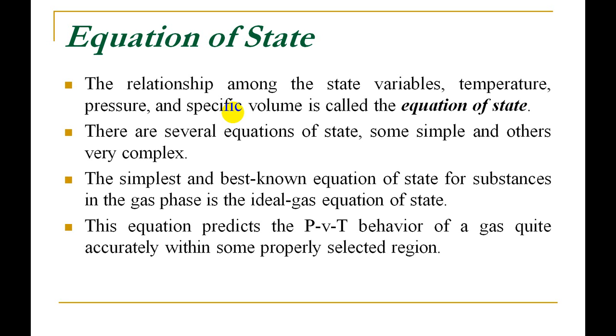The simplest and best known equation of state for a substance in the gas phase is the ideal gas equation of state, and it is PV = RT. This equation predicts the PVT behavior of a gas quite accurately within some properly selected region.